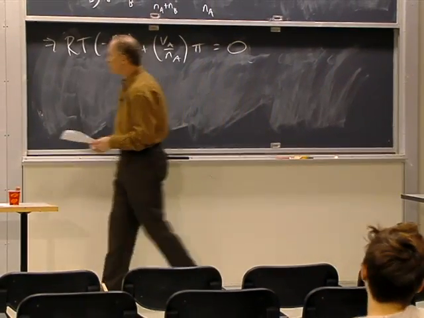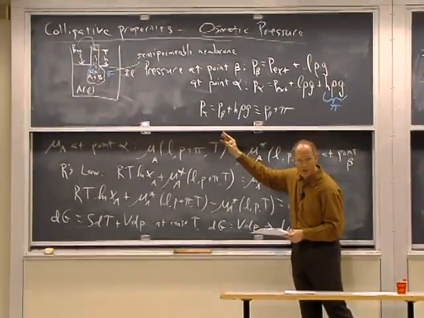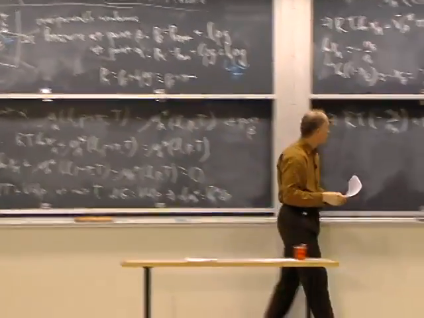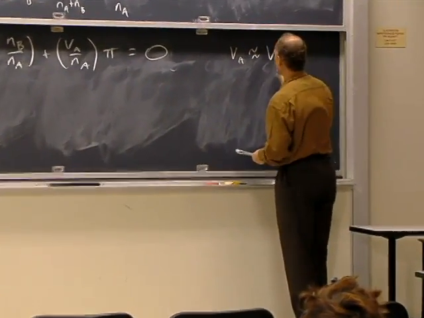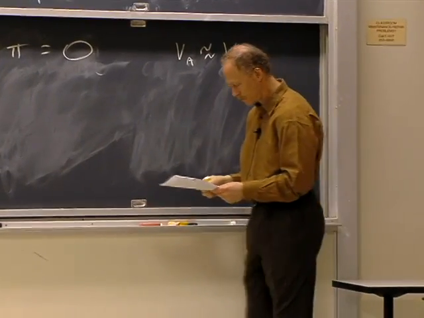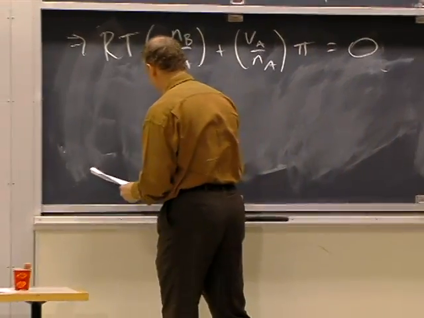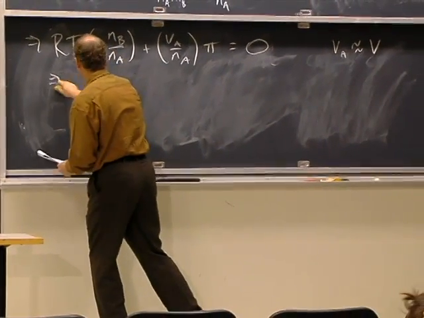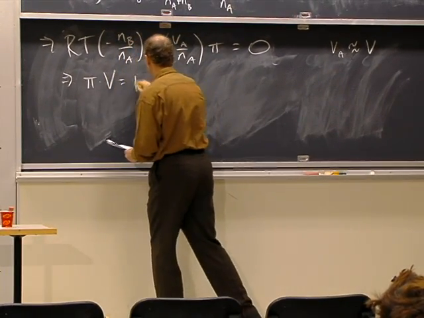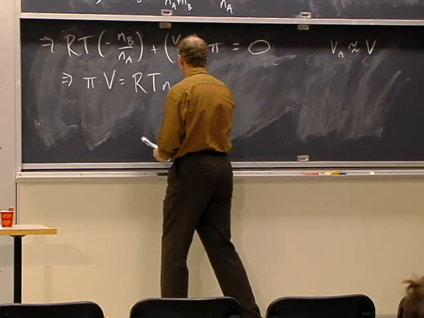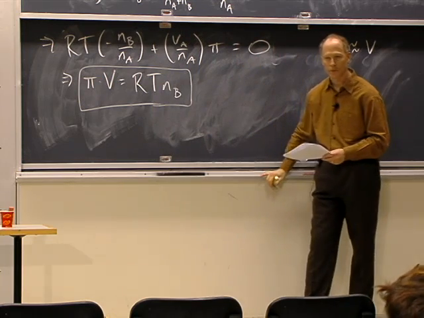And finally, since almost all the volume is due to A, again because B is the minor constituent, we can approximate further that VA is approximately equal to V. So finally, getting rid of the NA on the denominators, we're left with a simple expression. Pi times V is RT NB.